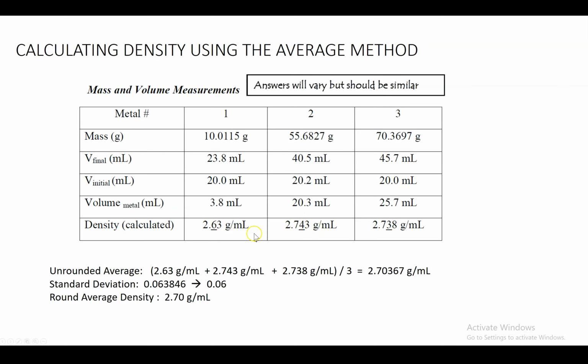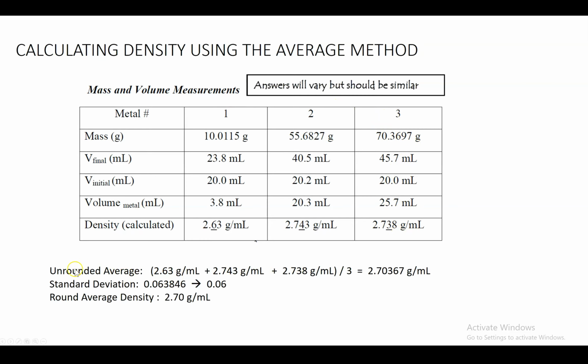Anytime we have an experimental value, to figure out how to round the average value, we have to first calculate the standard deviation. So in this case, these are the densities of the 3 metals in 3 different trials. Each of these objects gives us one trial.